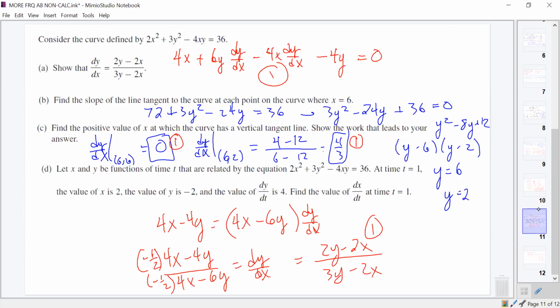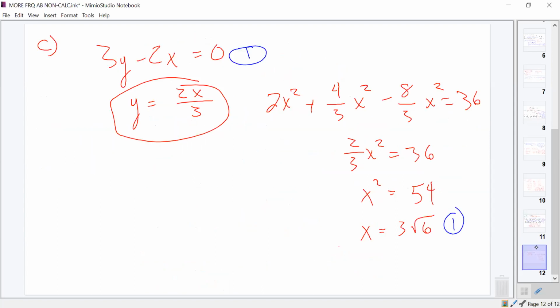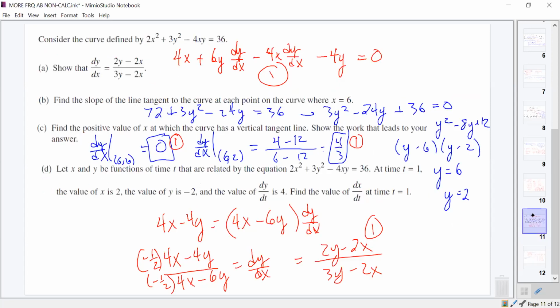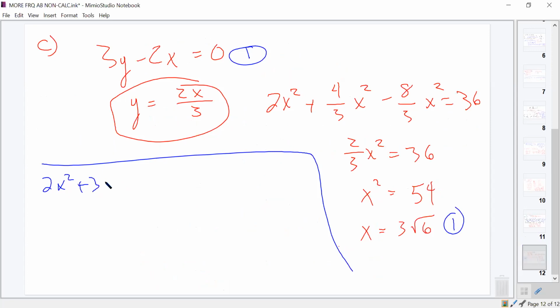All right, last thing, part D. Now we're going to say that this function is a function of time. And at t equals 1, they give us all these values. Find dx/dt. So we're going to take 2x squared plus 3y squared minus 4xy equals 36.